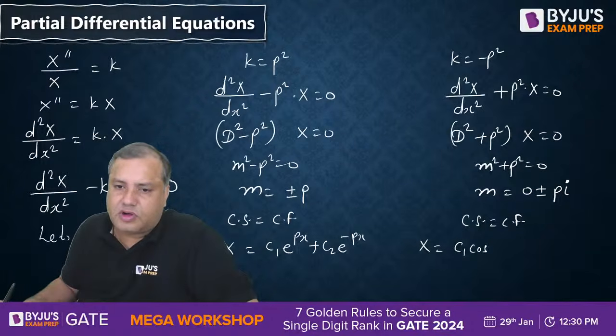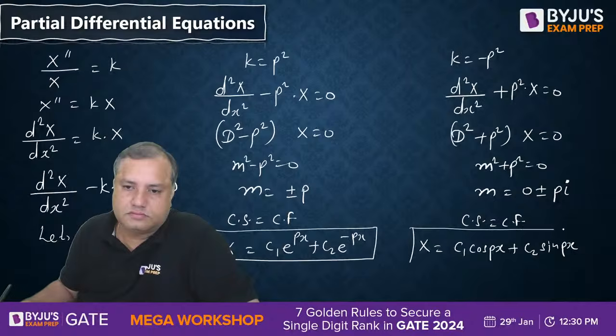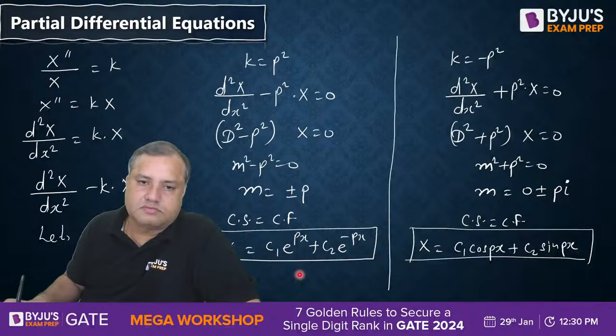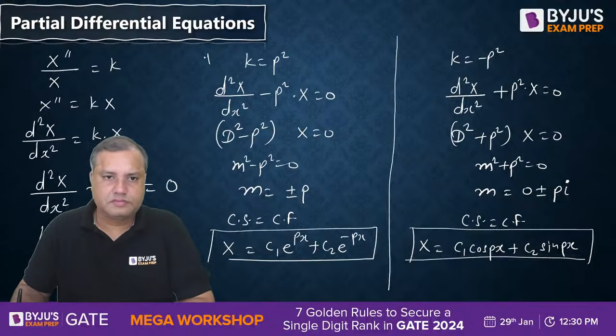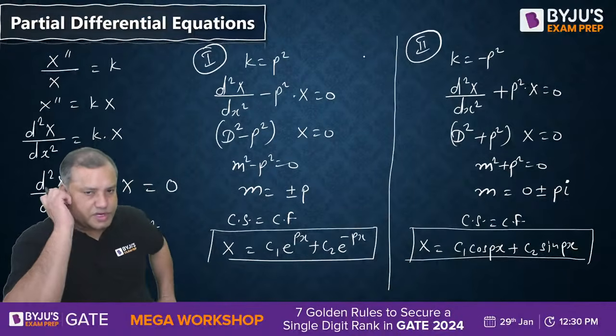So C1 cos px and C2 sin px. Understood these two ways? Okay, sir.